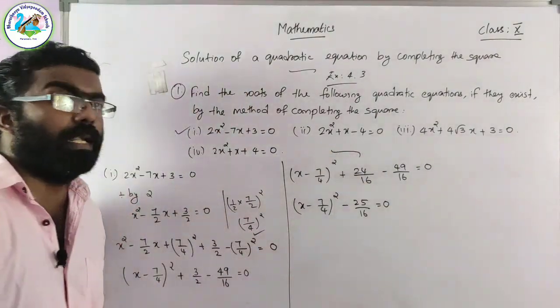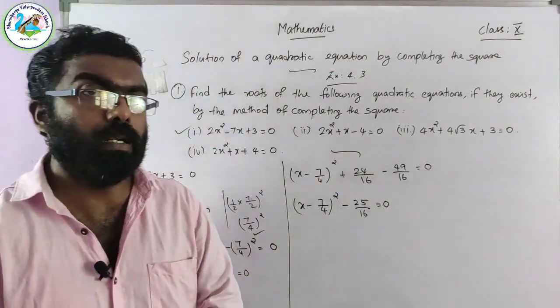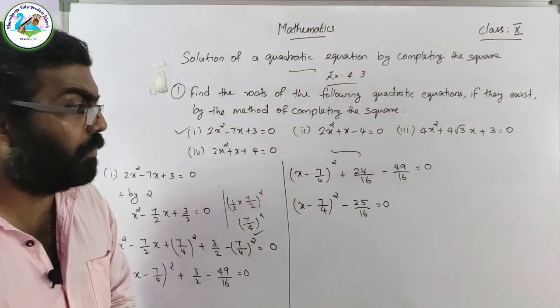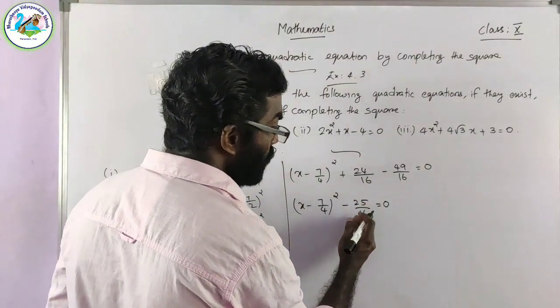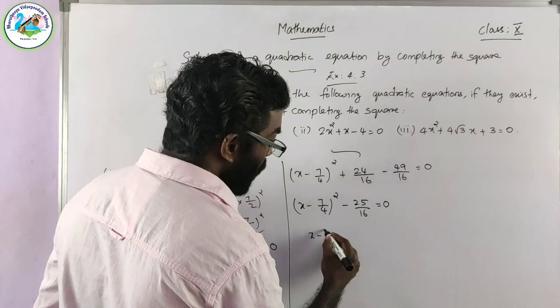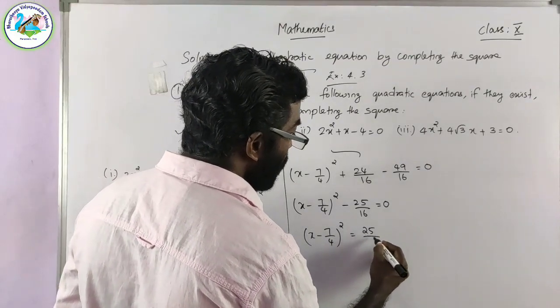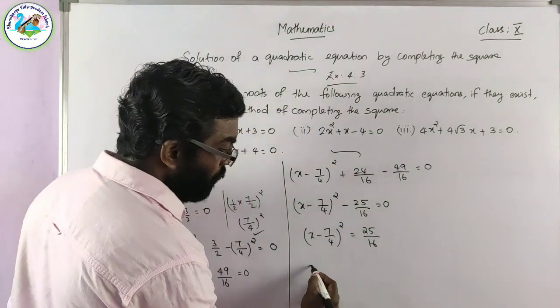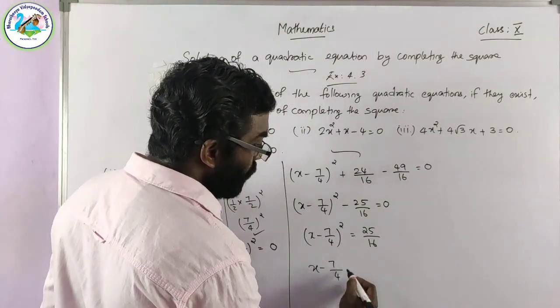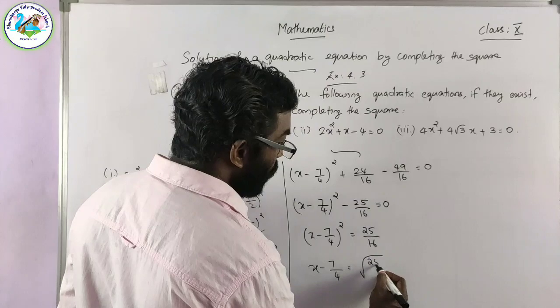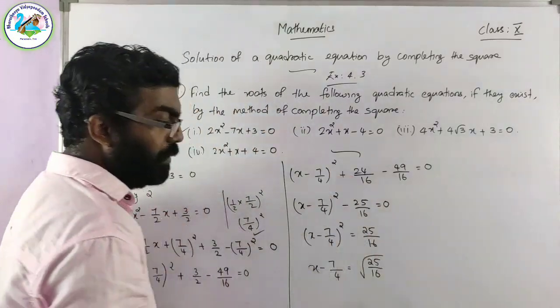24 minus 49 is what? Minus 25. Now we can take this term to the right side. x minus 7 by 4 the whole square is equal to 25 by 16. Or we can write x minus 7 by 4 equal to square root of 25 divided by 16.